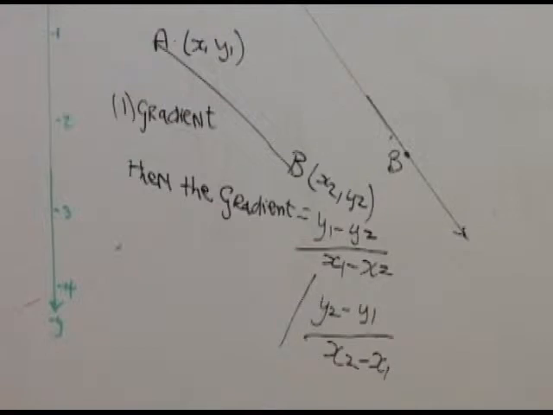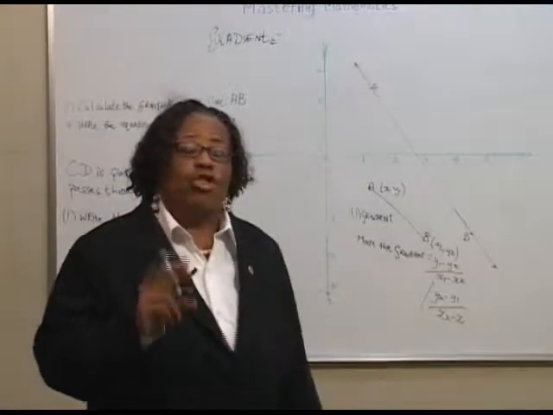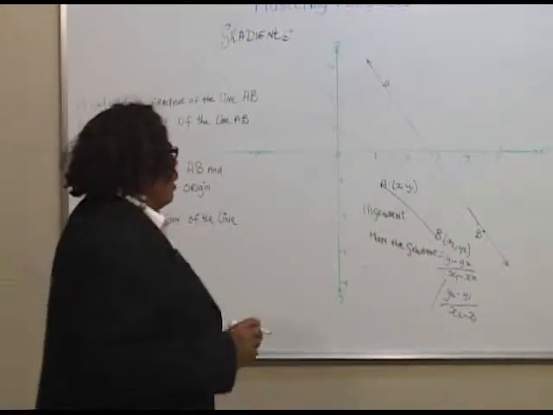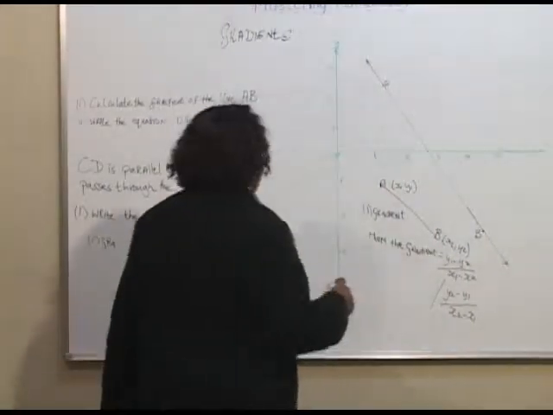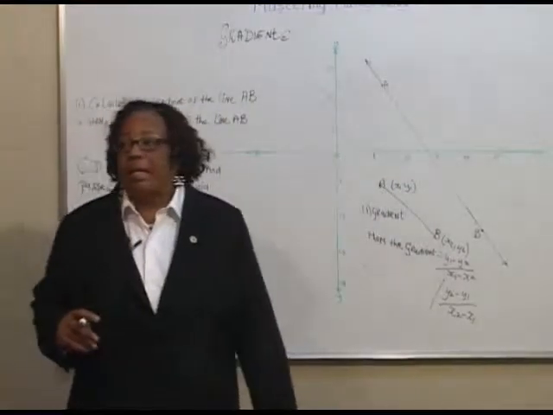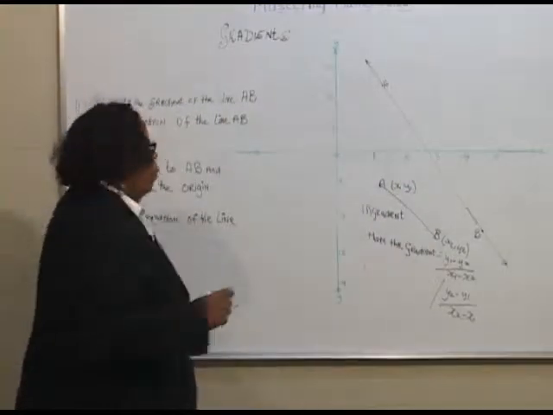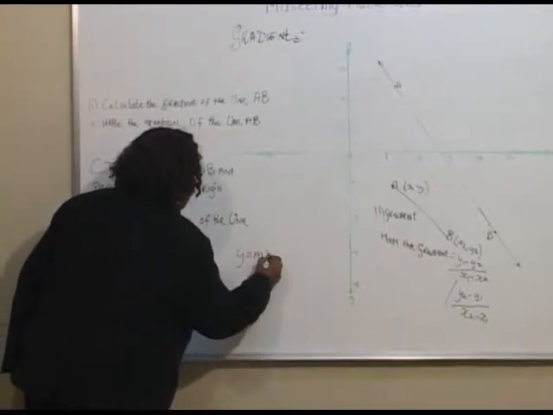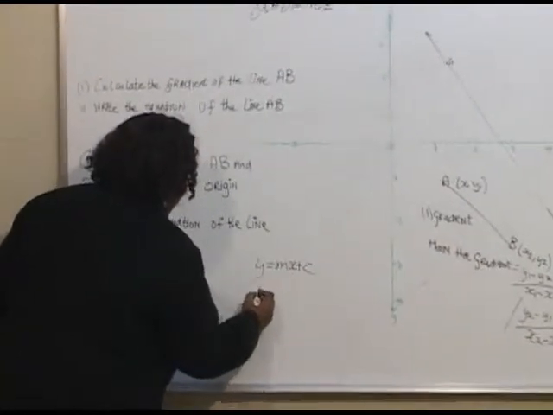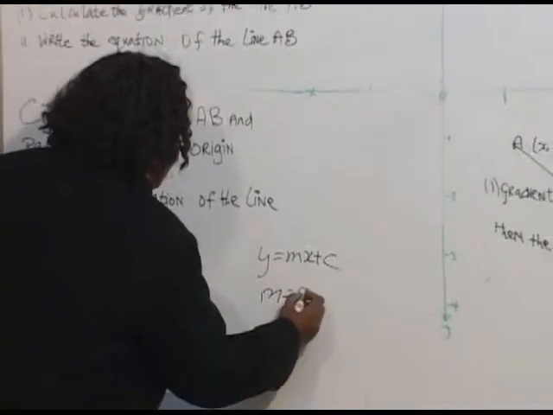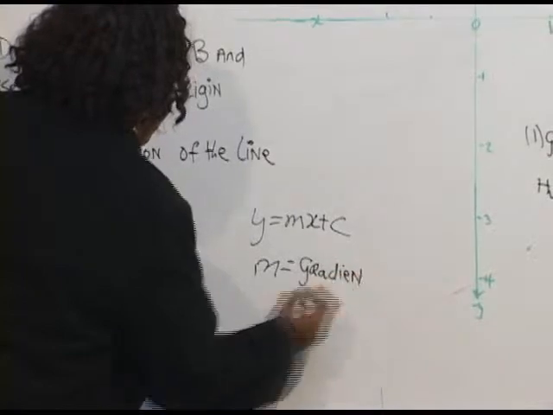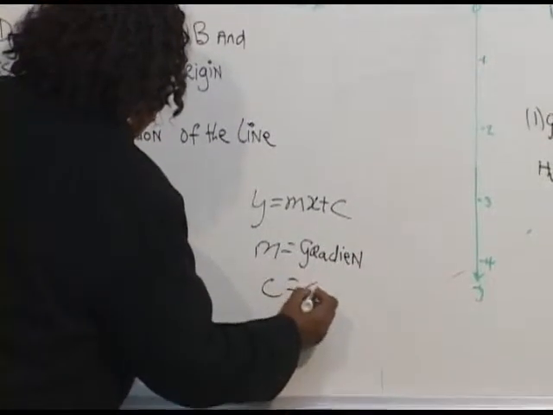But even before we got to the gradient, we gave you the equation of the line. What is the general format for the equation of any line? And we said if we had a line, we could say that the format would be y is equal to mx plus c, where m would represent the gradient and c would tell us where it cuts the y-axis.